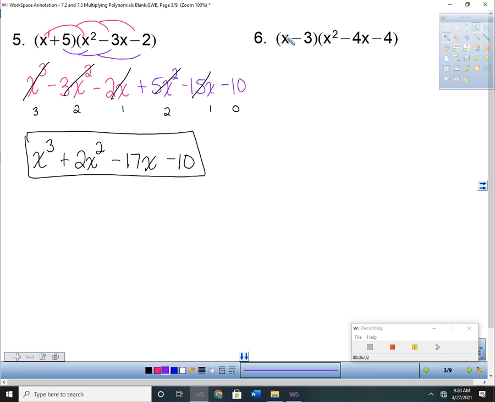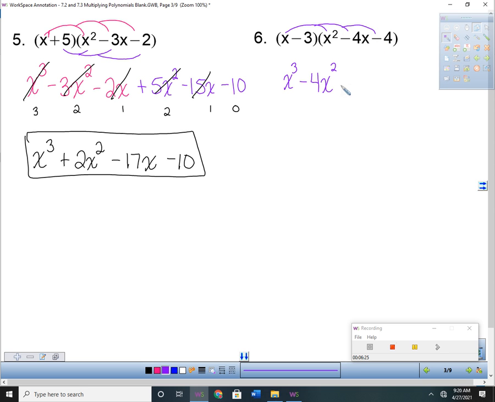All right, so we'll do the same thing here. We're going to take this x times all 3 in the next set of parentheses, and then the negative 3 times all 3. So x times x squared is x to the third. X times negative 4x is negative 4x squared.